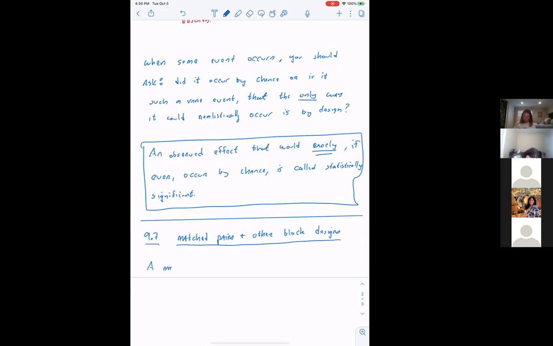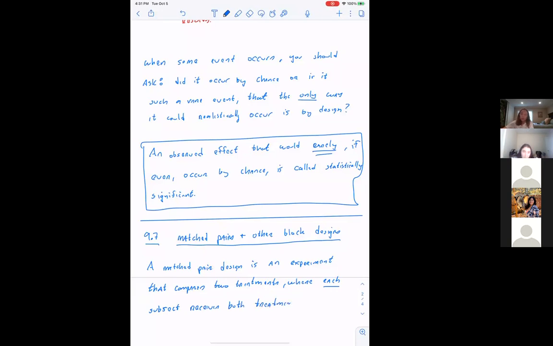Okay, so a matched pair design is an experiment that compares two treatments where each subject receives both treatments, and usually in a random order.